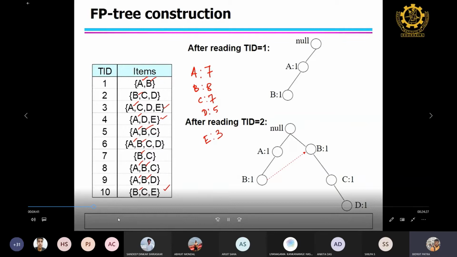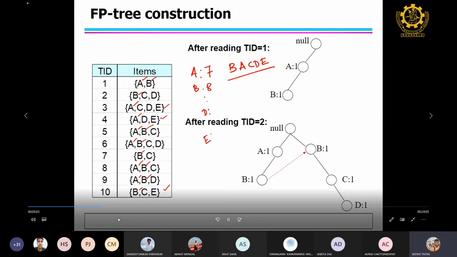Now you sort the items. B comes first, then A and C, and then D and E. This is the sorting order. Now you arrange each transaction based on the sorting order.